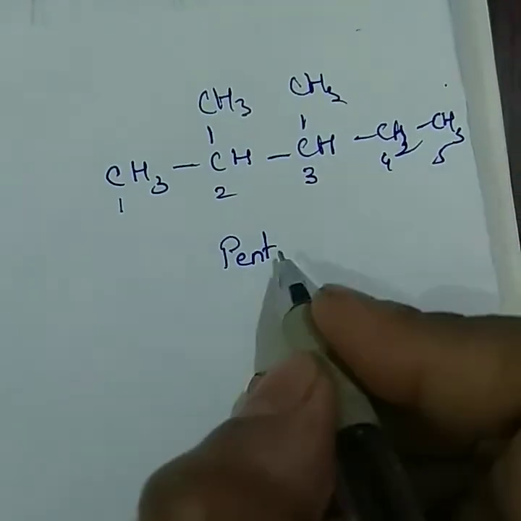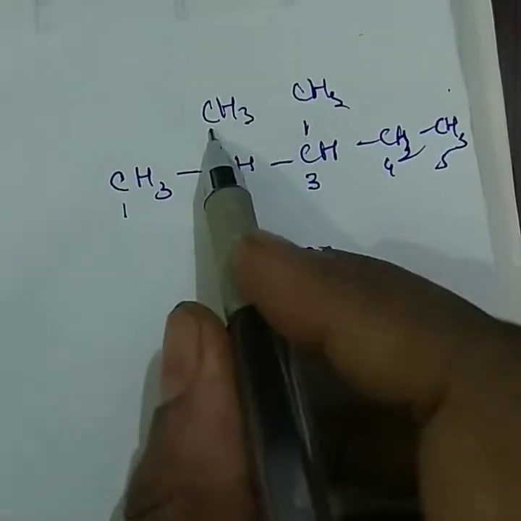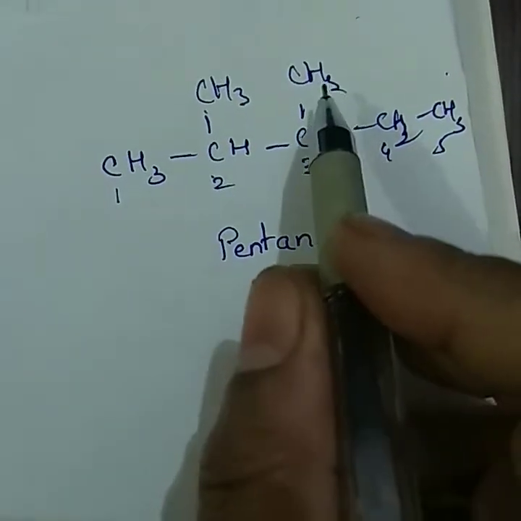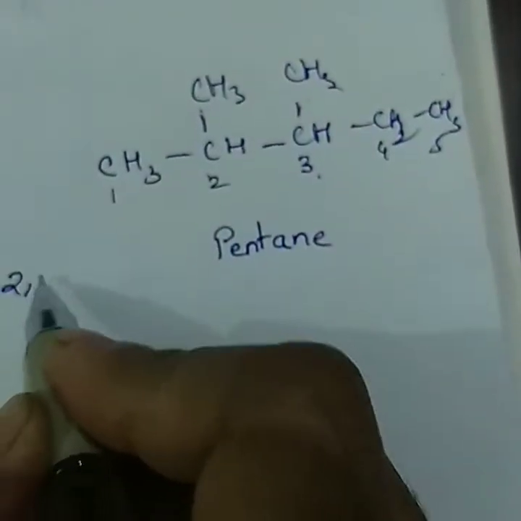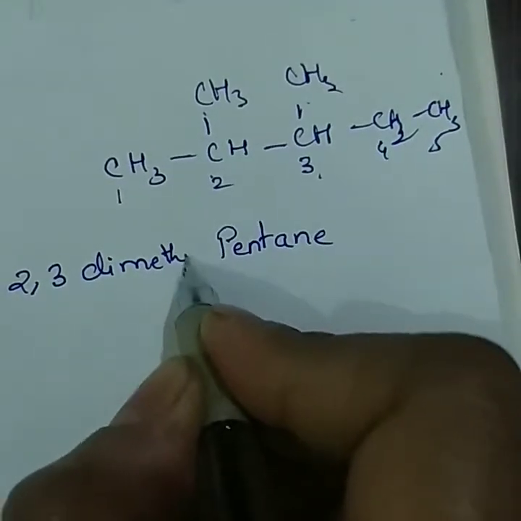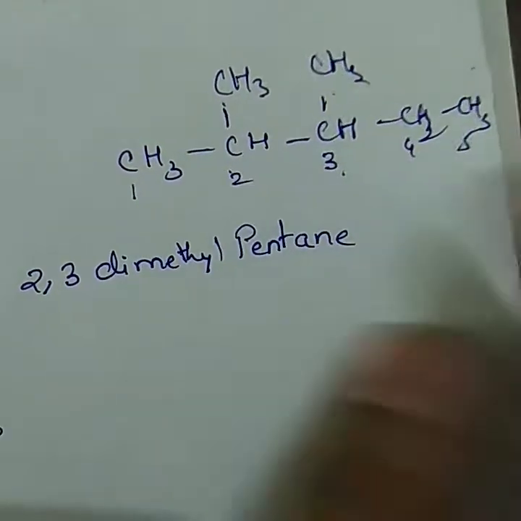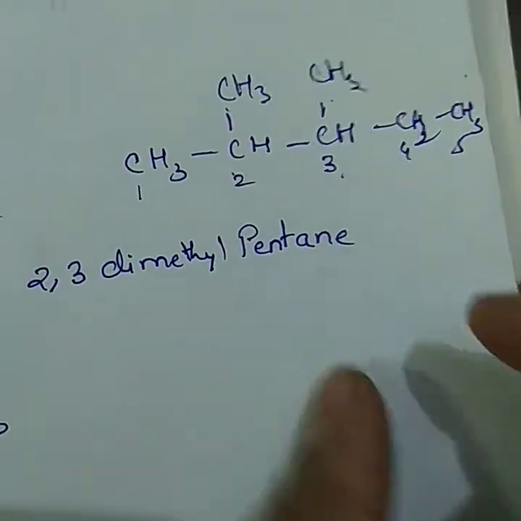All the bonds between them are single, so pentane. The second carbon contains a methyl group. The third carbon contains a methyl group. 2, 3-dimethylpentane. So in this way we are going to name the branched compounds.